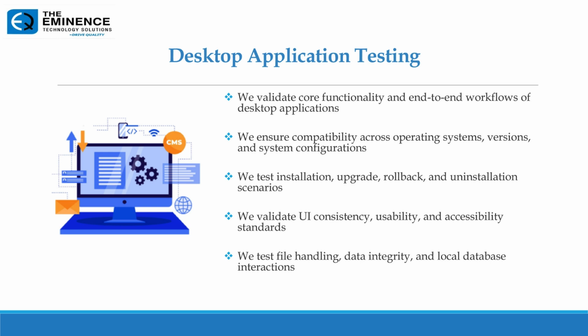Our testers will install the application on the desktop and check what happens, what the query messages are, like upgradation and rollback, and again they will uninstall the application and check the scenarios. The main testing handled here is file handling, whether the database and the query messages are properly fetched, and how the database interaction is going on. This kind of testing is followed in desktop applications.